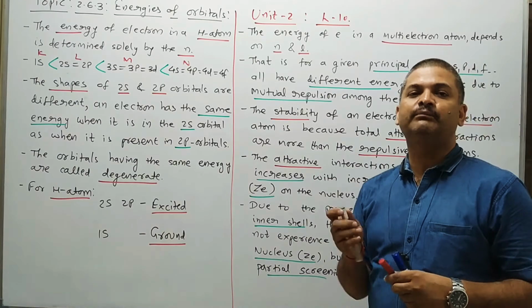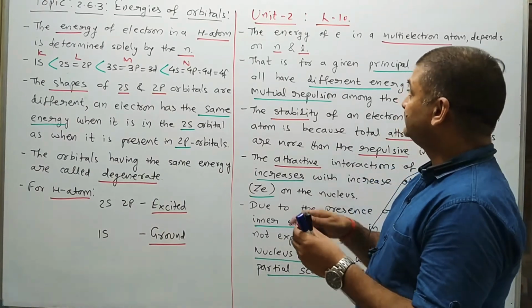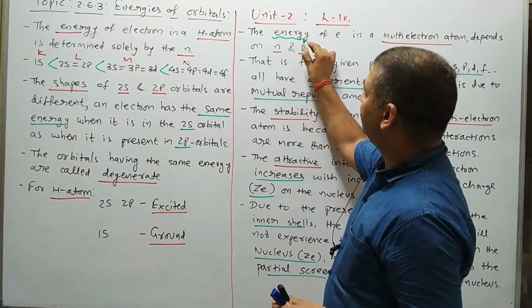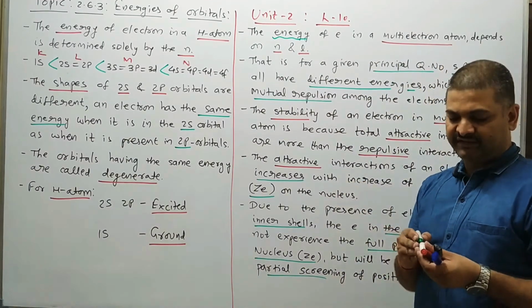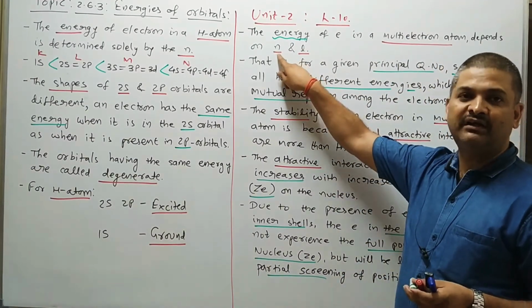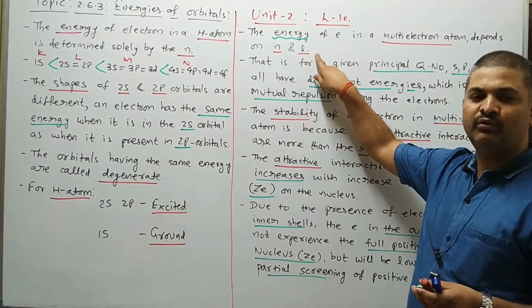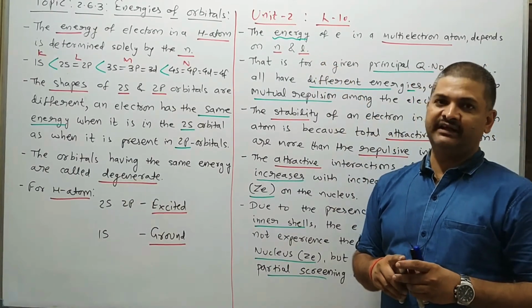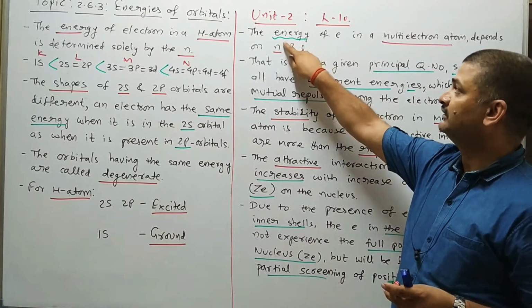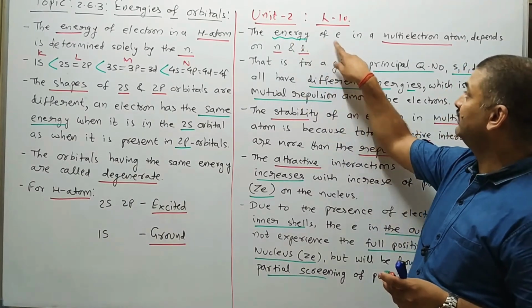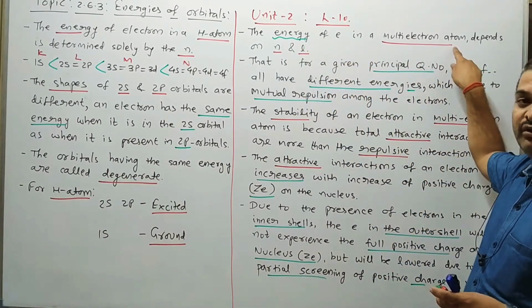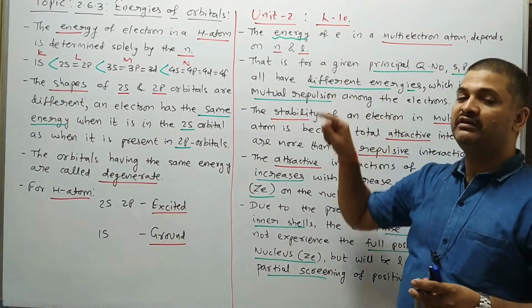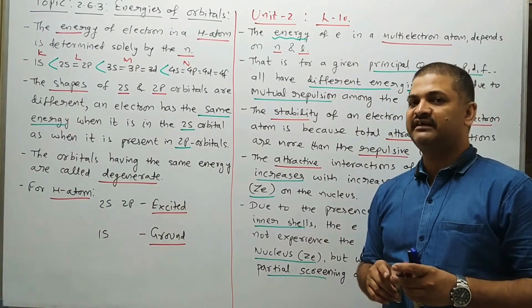Now next one, the energy of the electron. The most important point is energy. The energy of an electron is always related to the principal quantum number and the angular quantum number for a multi-electron system. Clear? Again I am repeating, the energy of an electron in a multi-electron atom depends upon n as well as l.